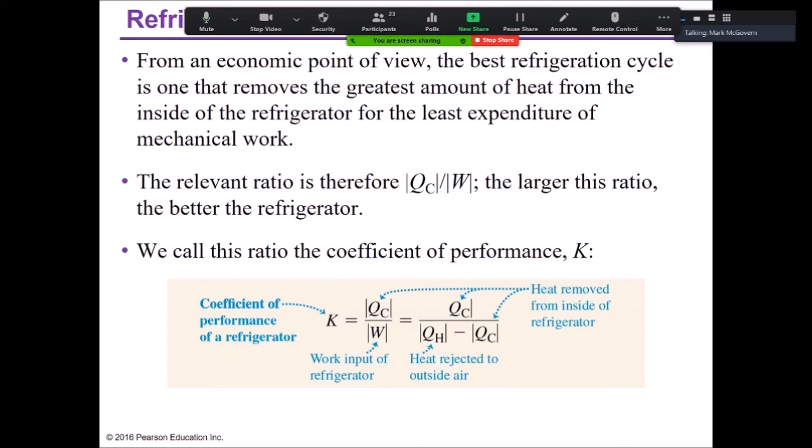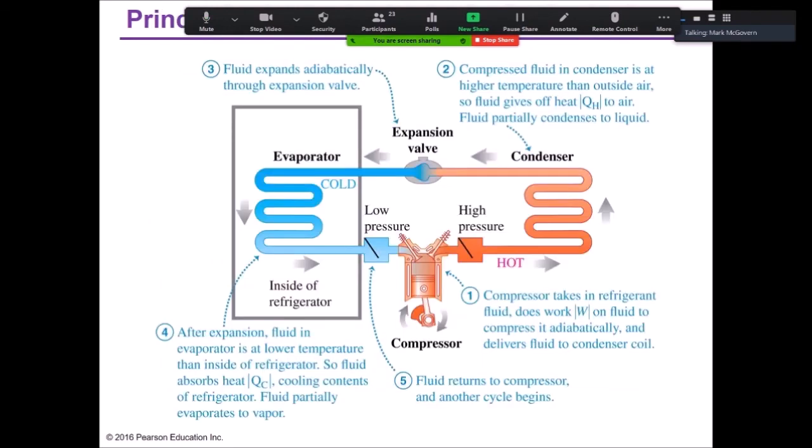The greater the value of K you can have, the more efficient your refrigerator is. If you put a little amount of work in and you can extract a lot of energy out of your system, that's a good performance. So it's a slightly different way to think about efficiency, and this is the convention for refrigerators or anything that operates in this manner.